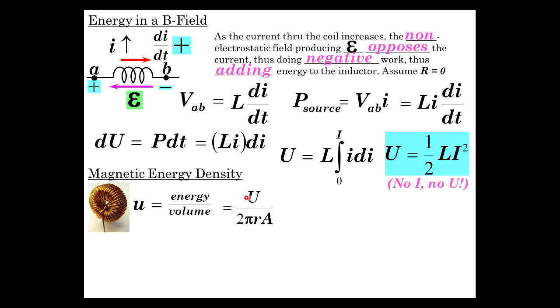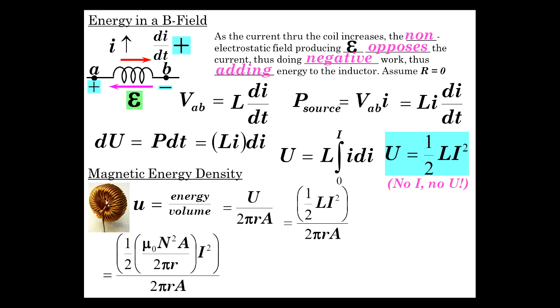So it's U, the energy we just discussed, over volume, 2 pi r, where r is the radius, so 2 pi r obviously would be the circumference, times the cross-sectional area of this coil, which gives you the spatial volume of the magnetic field.